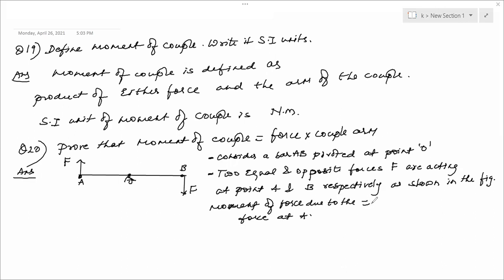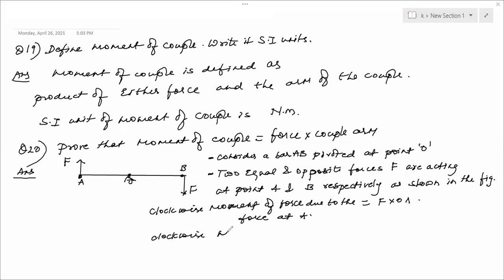Now you can see here, beta. This is nothing but a clockwise movement. Due to force at A, moment is equal to F into OA, clockwise movement of force.